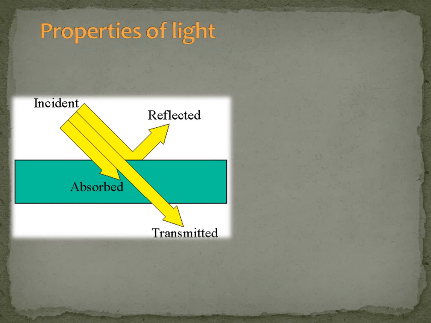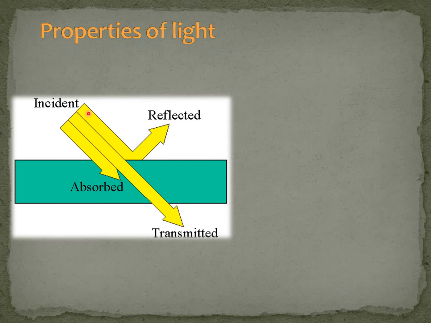Of course, you're all aware of some of the properties of light, like the three that are represented in this cartoon. Incident light on any object can be absorbed fully by the object, and there's no light going through. It can pass through the object in case the object is transparent to that wavelength, so it's not opaque, or the light can be reflected.